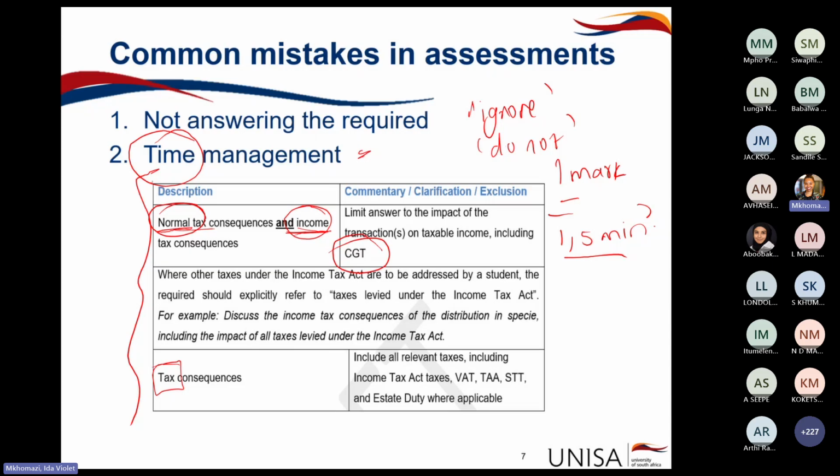And you ensure that you stick to that 15 minutes. You do not go over it, because if you do, you risk not finishing the whole paper, and you might find that you spent all your time on one part of the paper, whereas if you had attempted all the parts, you would probably have passed.